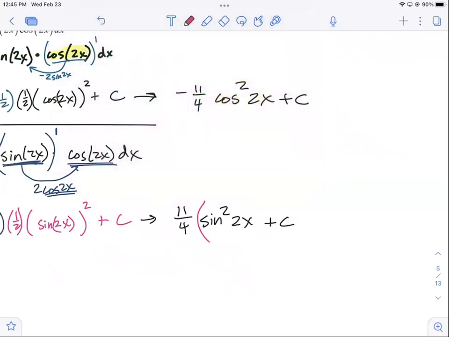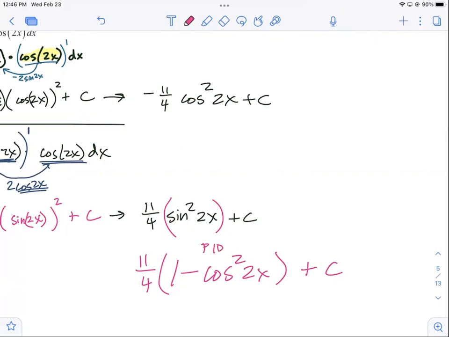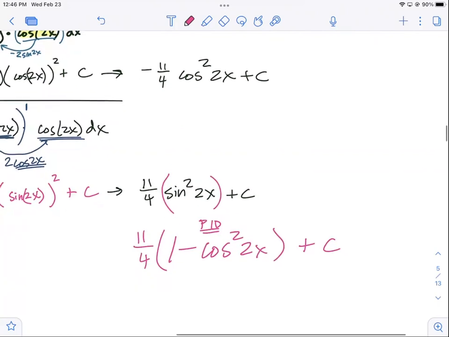If I do a Pythagorean substitution down here, if I replace sine squared with what sine squared is equal to, by the Pythagorean identity, sine squared of blob is equal to 1 minus cosine squared of the same blob. And now if I distribute, I get 11/4 minus 11/4 cosine squared of 2x plus c.